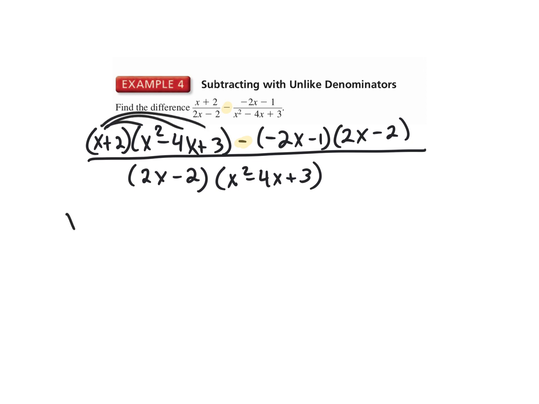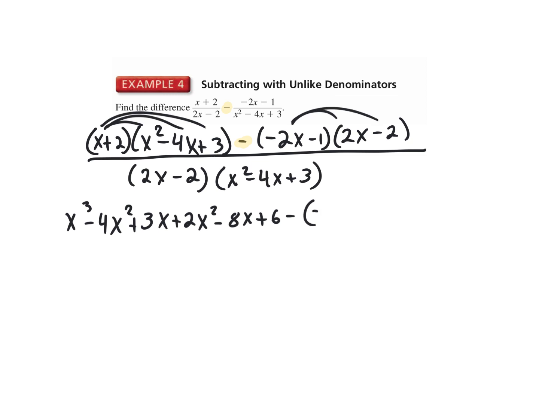So I'm going to get x cubed minus 4x squared plus 3x plus 2x squared minus 8x plus 6 minus, and I'm going to keep the parentheses until I distribute it. I'm going to go ahead and distribute these terms. So negative 4x squared plus 4x minus 2x plus 2.